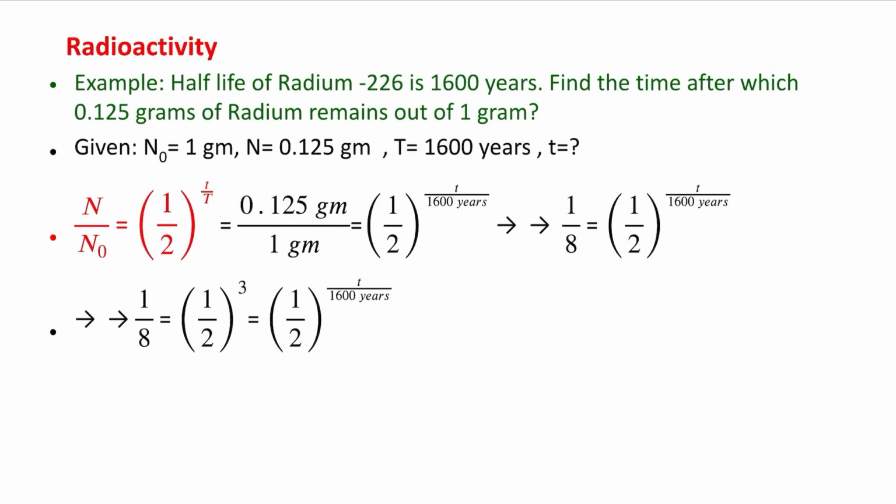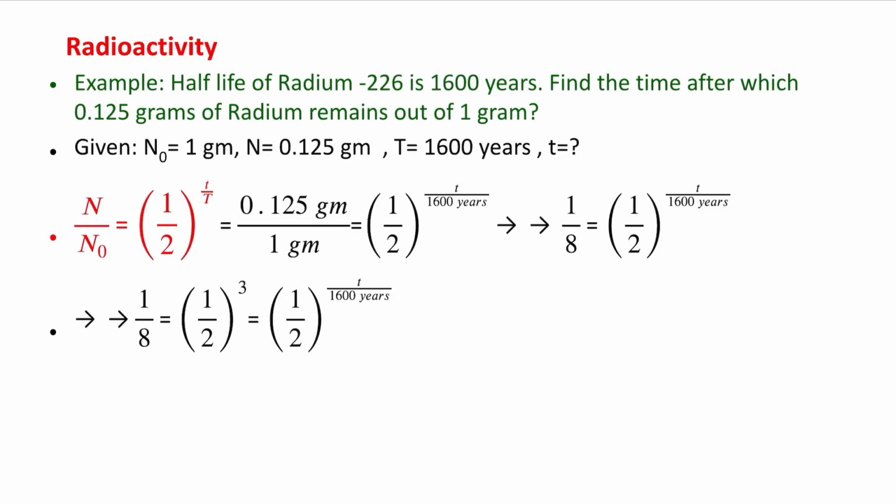Now N is equal to 0.125 gram, N0 was 1 gram, and capital T in this case was 1600 years.